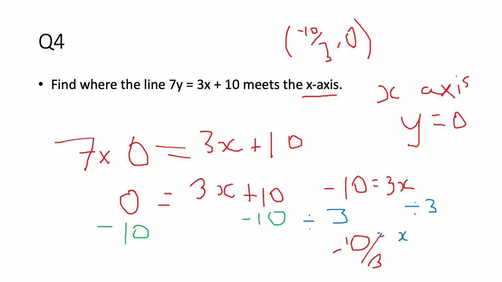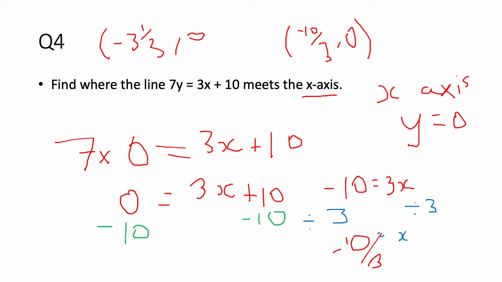Remember that the x-axis is the line y equals 0. So subbing in y is 0 and solving for x, it is a linear equation. I get minus 10 thirds or minus 3 1/3, which is the same thing.